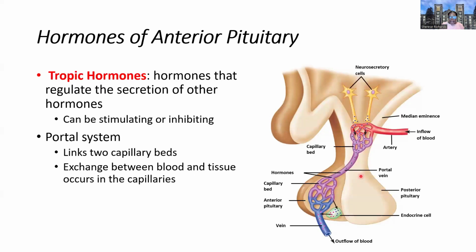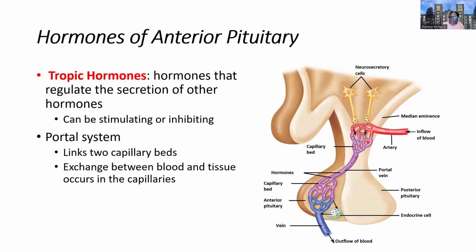Now, shifting to the anterior pituitary, the hormones that are made and project to the anterior pituitary are called trophic hormones. So the trophic hormones here can either stimulate or inhibit, depending on what type of hormone they are. So they're all made in the hypothalamus similarly, but they're not transported on axons. Therefore, they're not neurohormones.